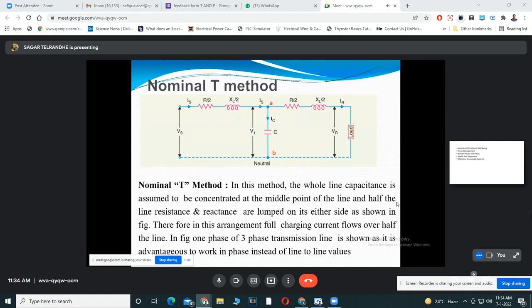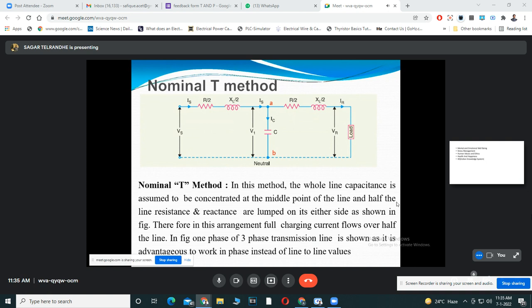So we can calculate all the parameters that we have seen, which were resistance, inductance, capacitance, impedance, admittance, current, voltage, voltage regulation, and percentage transmission efficiency. All these 9 to 10 parameters can be calculated using these two methods, which are the nominal T method and the pi method.